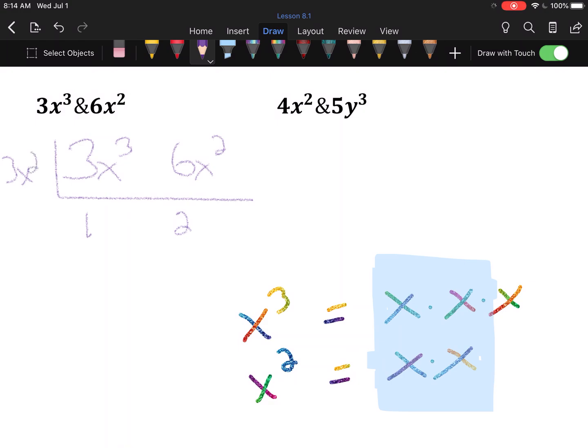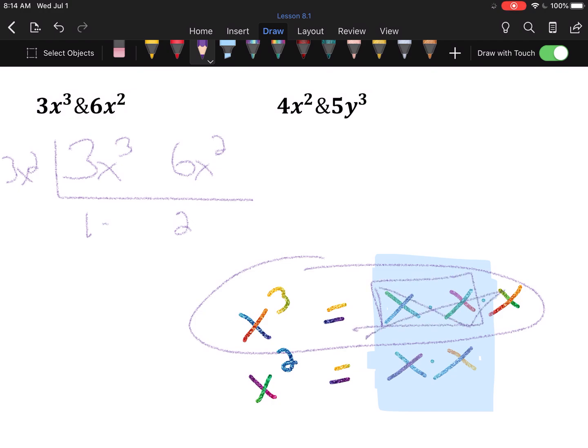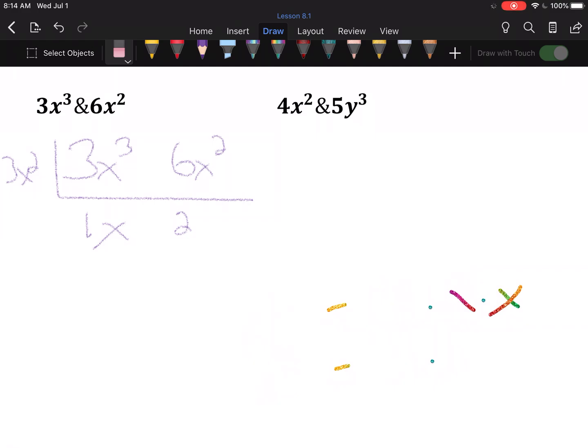If I take x squared away from x cubed, there's just this single x left. And when I take x squared away from x squared, there's nothing left. What this is showing us is the GCF, the greatest common factor of these two things, is 3x squared. And when we factor 3x squared out, we're left with x and 2 respectively. That'll come in handy later.